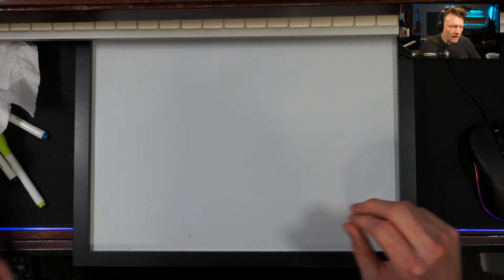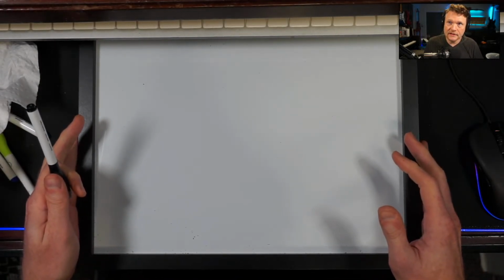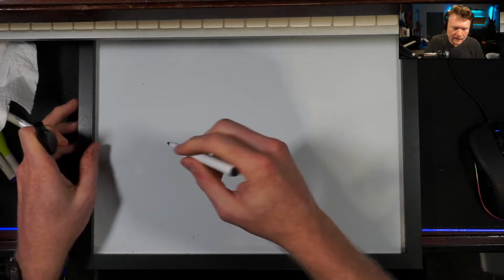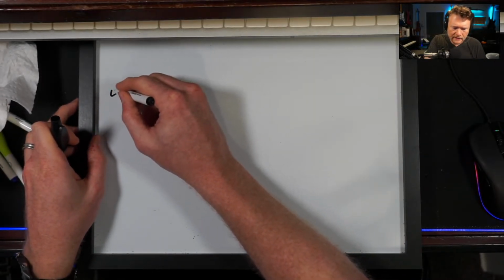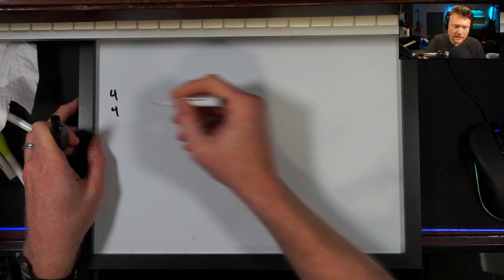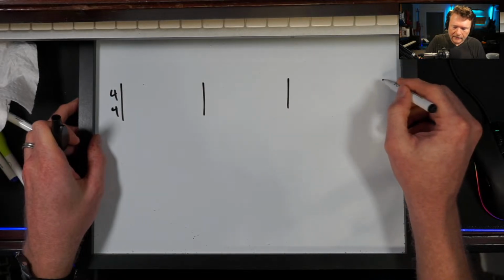Just to recap a couple things as you're looking at music notation, you're usually going to see something like this, which is our time signature, which we talked about. And then you're going to have different measures happening here.